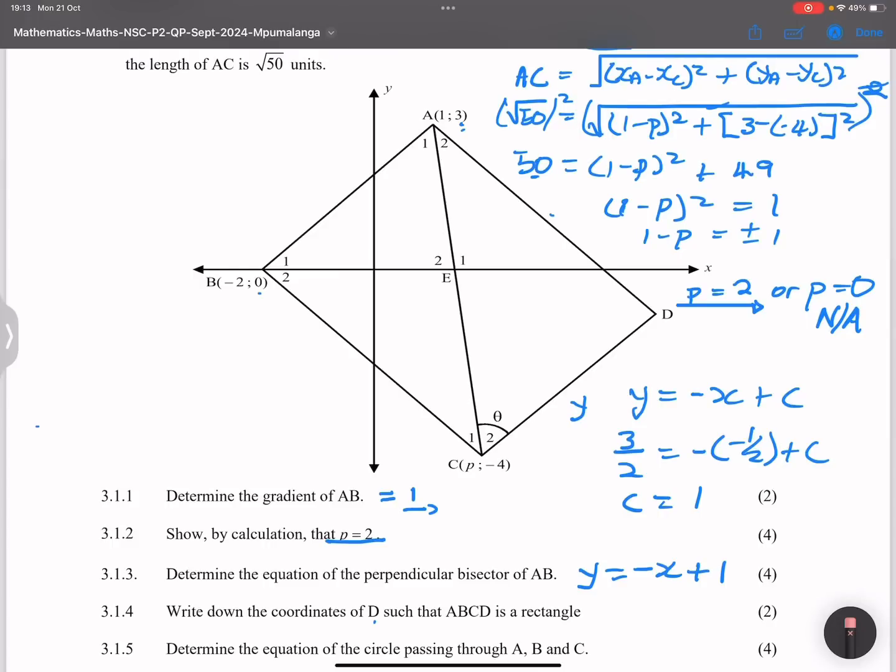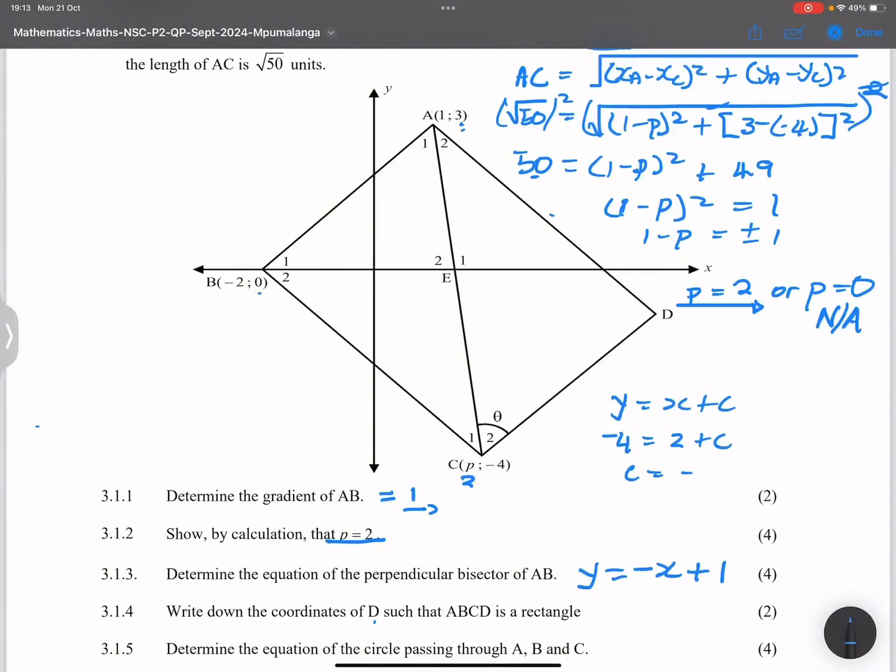Okay, but in my case, what I'm going to do is I already know the gradient there, and I've got a point. Remember, we know that P is 2, right? So the equation of CD is y is equal to x plus c, and so that would be, if y is -4, x is 2 plus c, so c is equal to -6.